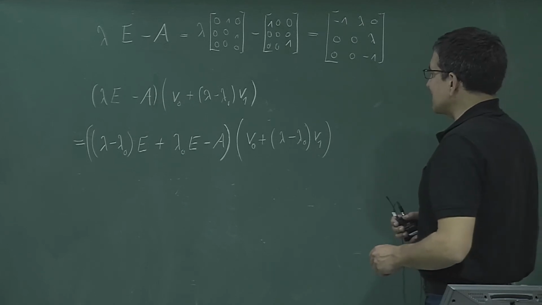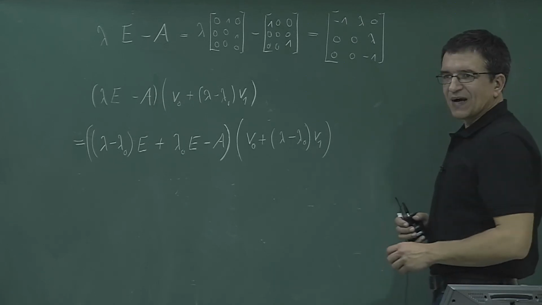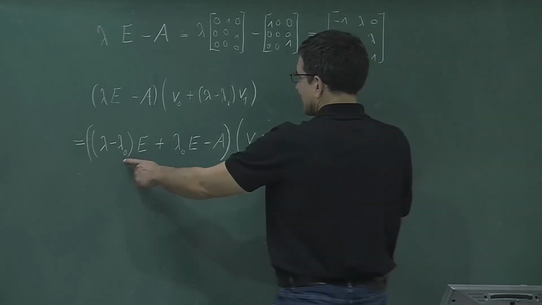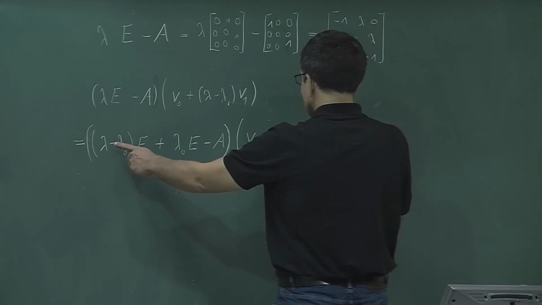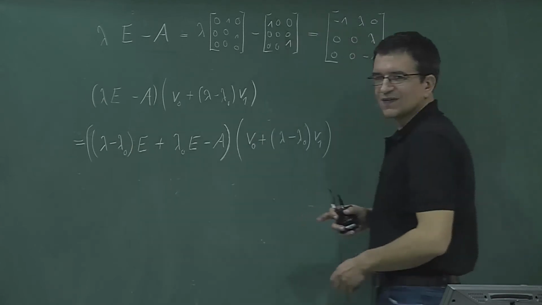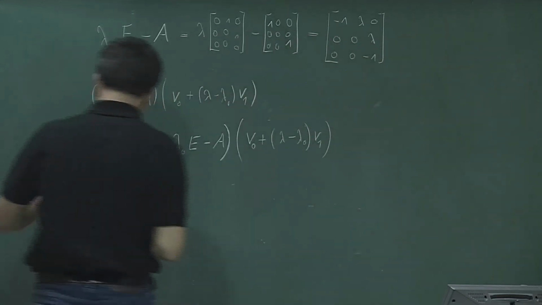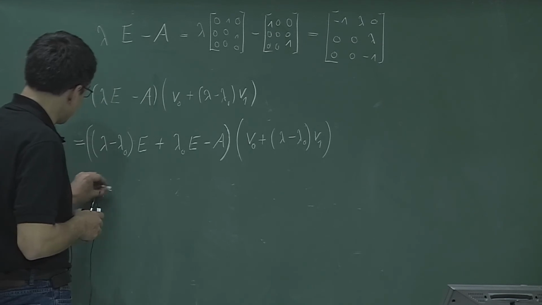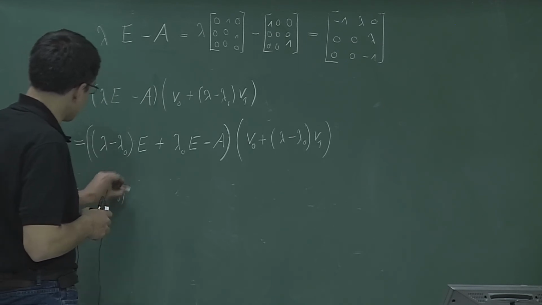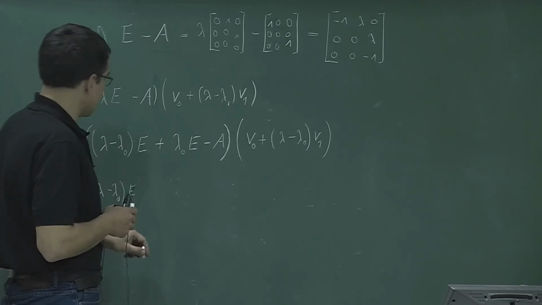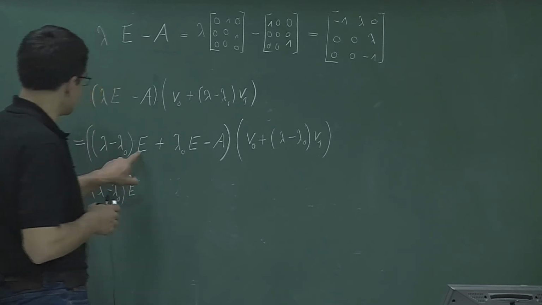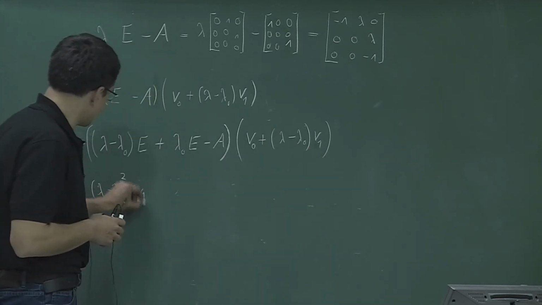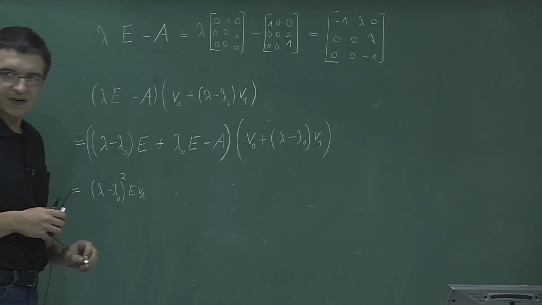Now we multiply everything out and order terms with regard to the powers of the factor lambda minus lambda 0. First we have a quadratic part: lambda minus lambda 0 squared times E times v1.